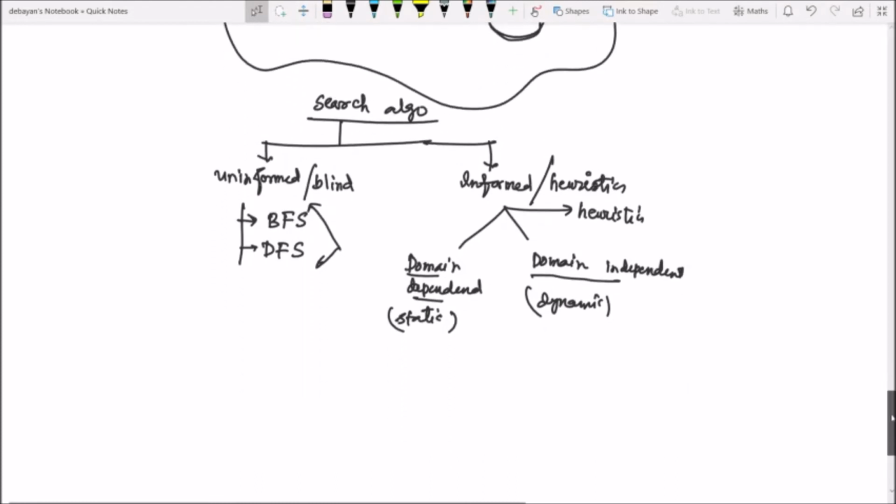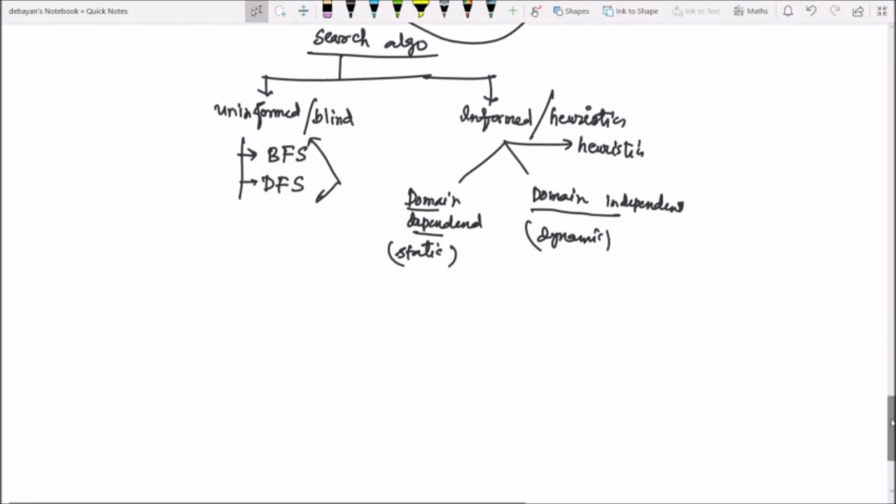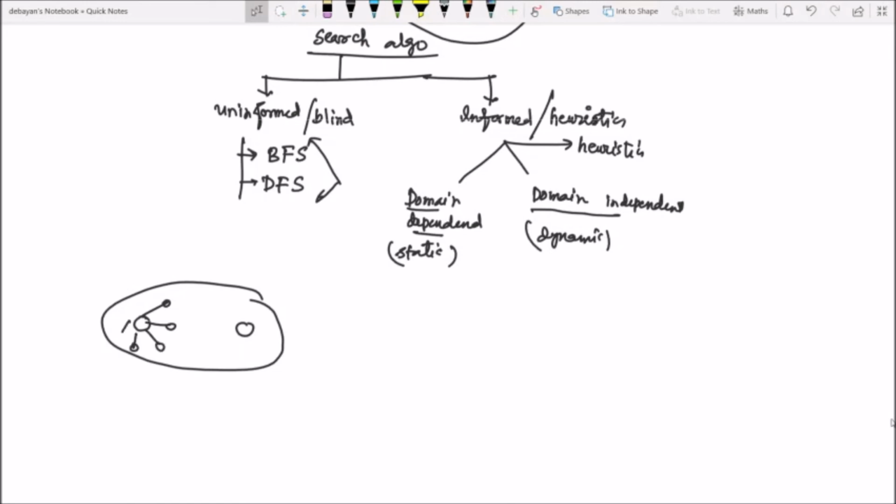Now, if this is the search space, this is the start node and this is the goal node, your algorithm will expand the nodes like that. In the next step, which node would be followed?